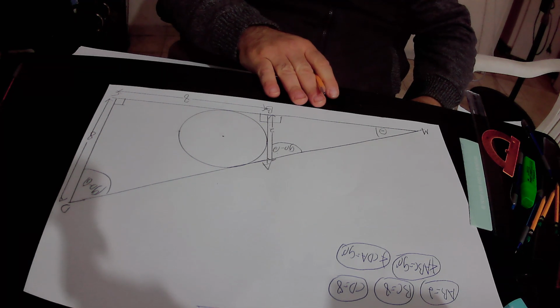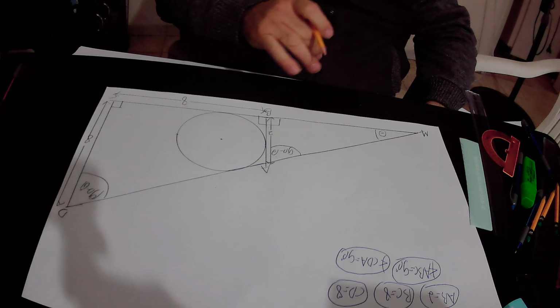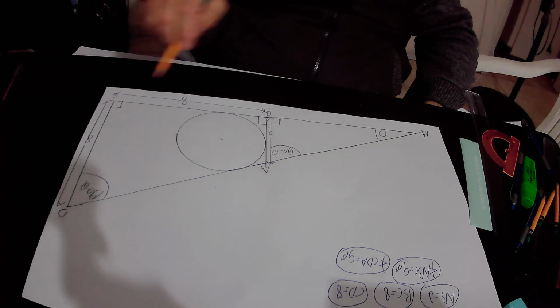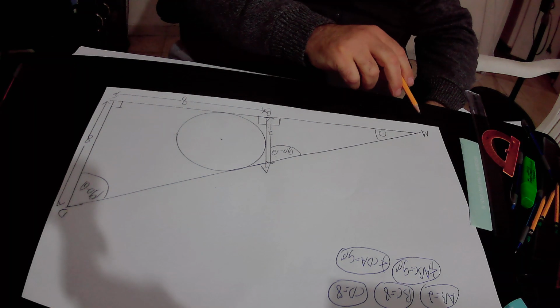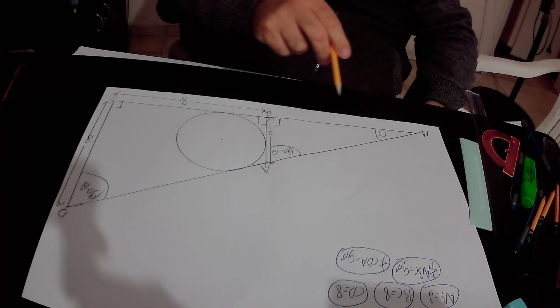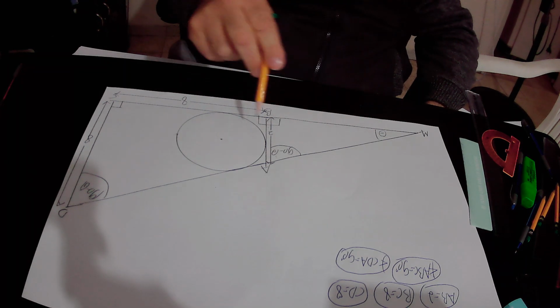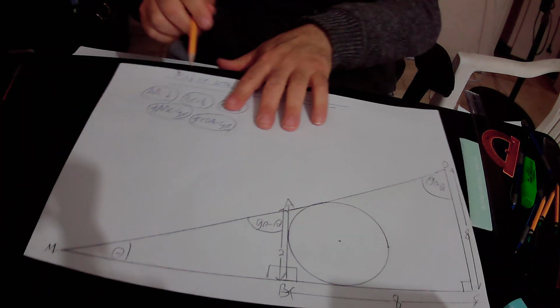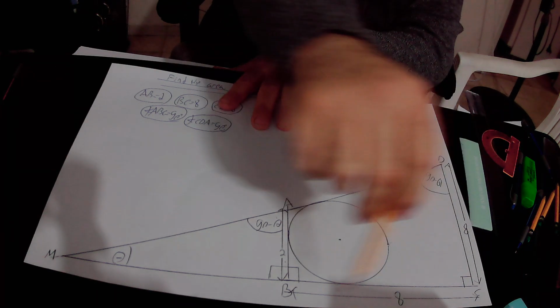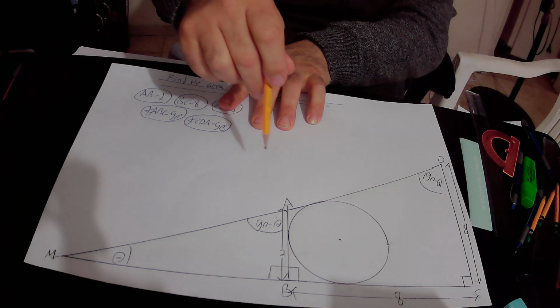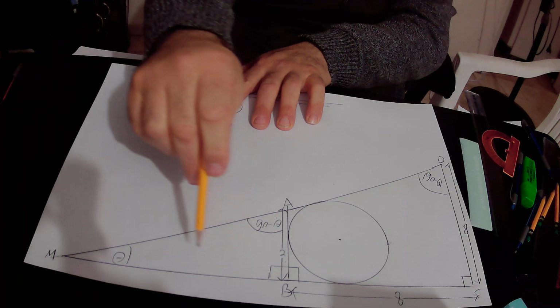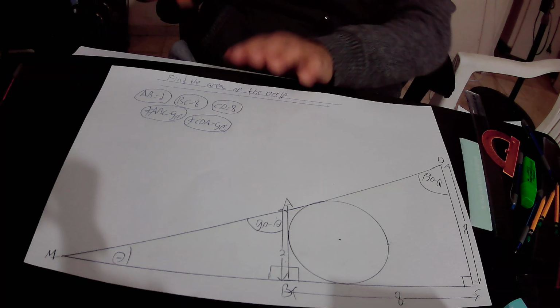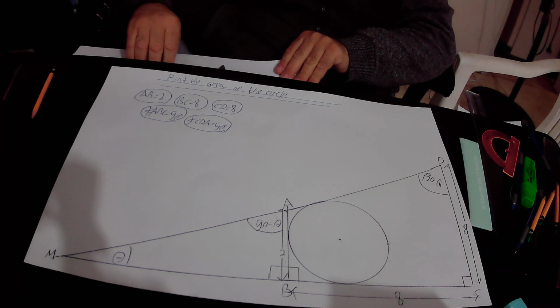In the next step, we will prove that the right big triangle, triangle CDM, is similar to this right small triangle, triangle MBA. And again, we will prove that the right big triangle, triangle DCM, is similar to this right small triangle, triangle MBA. So I write it down.